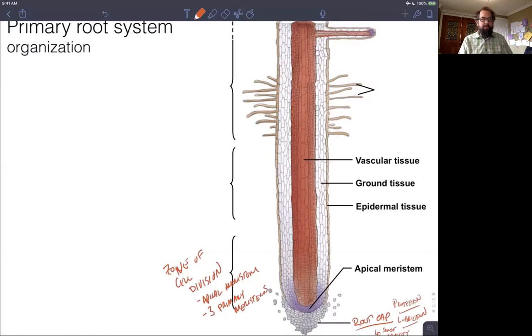So the three primary meristems being the protoderm creating the dermal tissue, the procambium creating the vascular tissue, and the ground meristem creating the ground tissue. So that's our zone of cellular division, including all of the meristematic regions. So that's all those cells dividing. The next zone just behind that, or just above that in the organization of the root, is the zone of elongation.